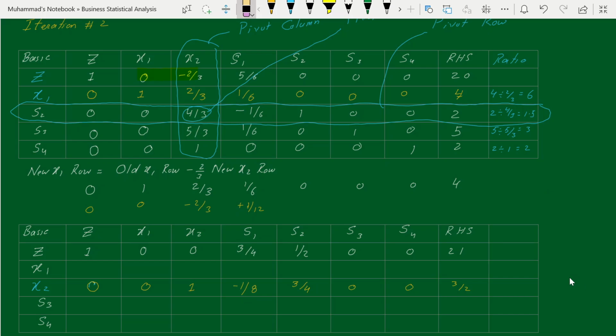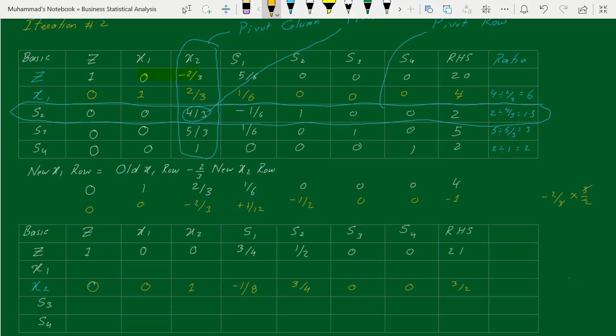The next is that we multiply this number with 2 by 3: 3 by 4 multiplied by minus 2 by 3 gives minus 1 by 2. So here I can write down minus 1 by 2, 0, 0. Then we multiply 3 by 2 by minus 2 by 3, which gives minus 1.